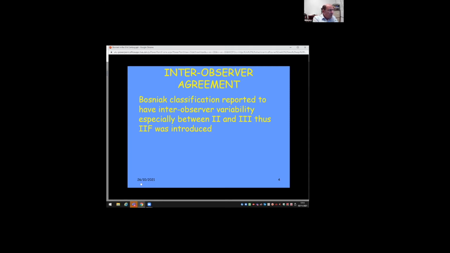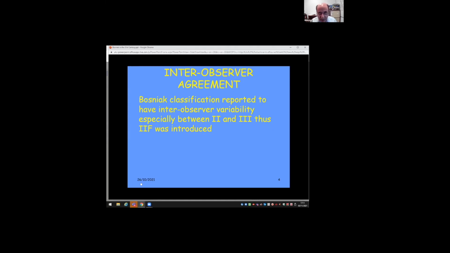And one of the problems has always been between the Bosniak 2 and Bosniak 3. So to get around that problem, a Bosniak 2F was introduced, F being follow-up. That's because, of course, we all agree that Bosniak 3 is potentially malignant and Bosniak 2 or less are not.